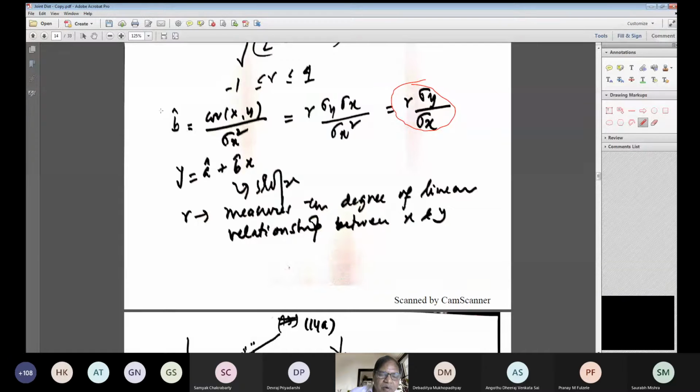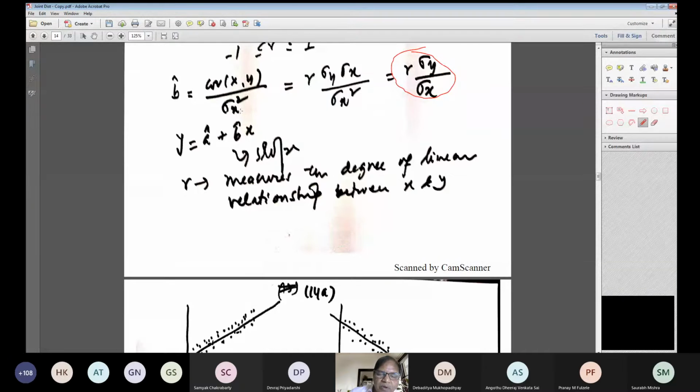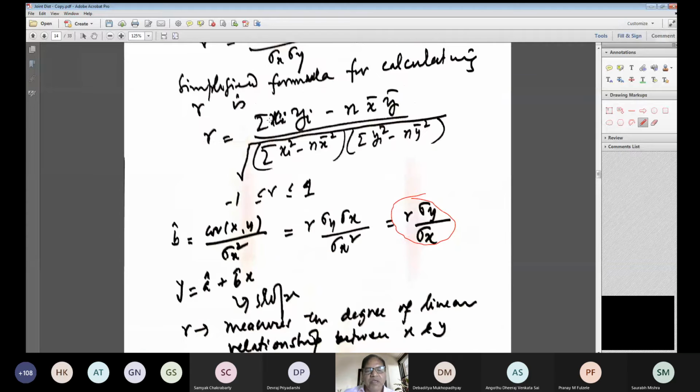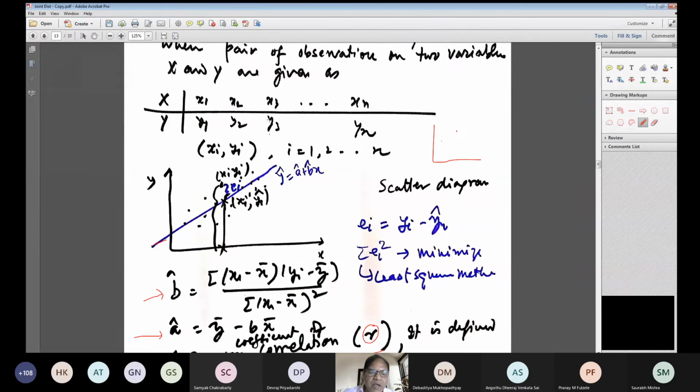So we have got the line. As I indicated, r measures the strength, or degree, of linear relationship, meaning how close the data are to this line.